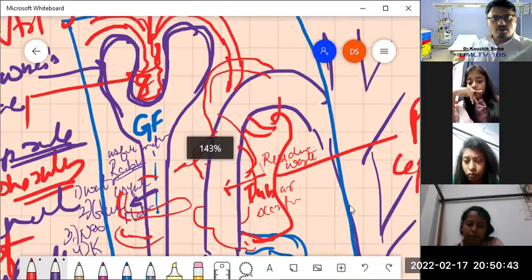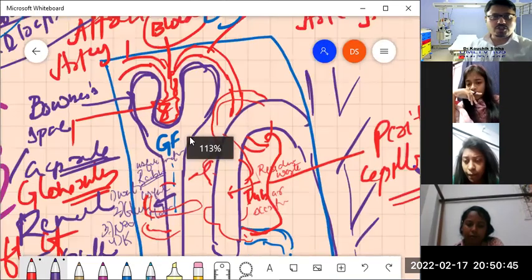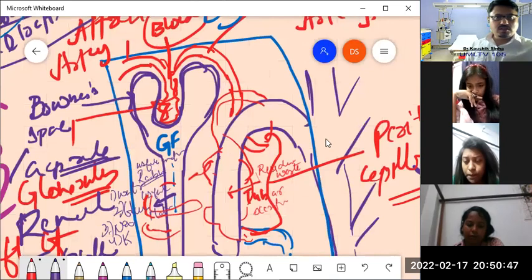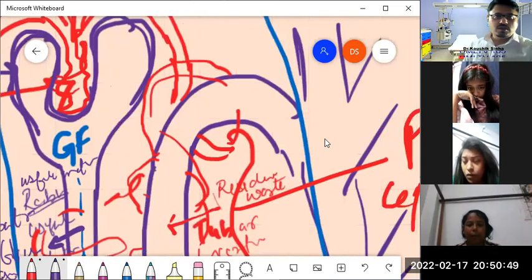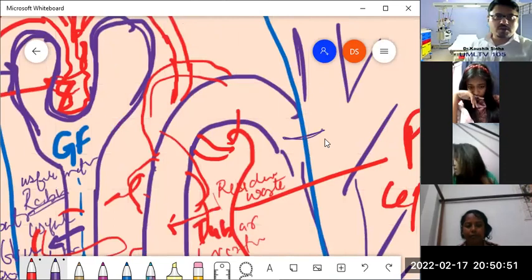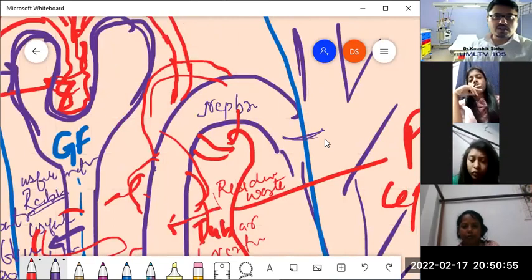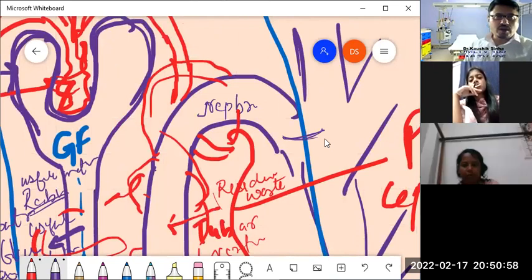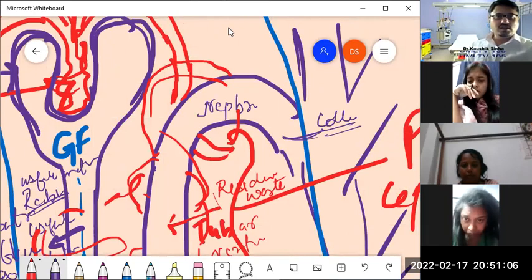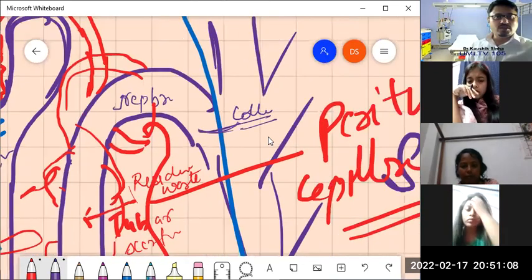So now at this junction, what is this junction named as? The junction between the nephron and the collecting duct. I'm speaking of this junction. So this is where the nephron is ending, and the nephron is joined here with the collecting duct. So whatever is collected in the collecting ducts, all those materials is the finally formed urine.